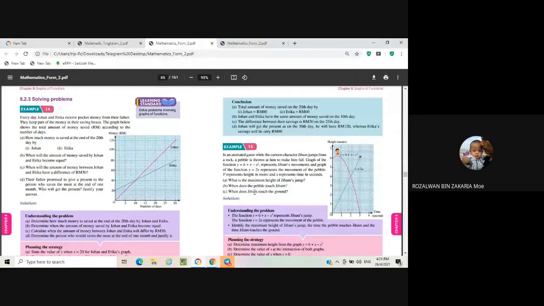For B, when does the pebble touch Jiban? Class, how to know when the pebble touches Jiban? We need to find the intersection between the Jiban graph and the pebble graph. You can read here the point of intersection between these two graphs.